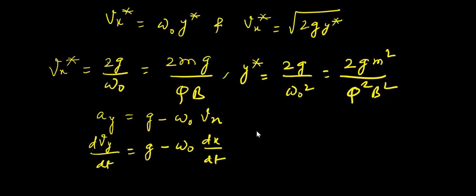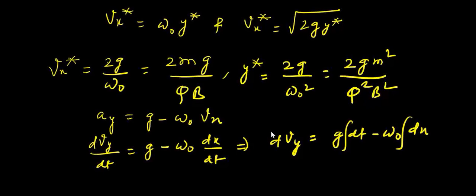This equation can be further written as dvy equals g dt minus omega naught dx, and we can integrate them.